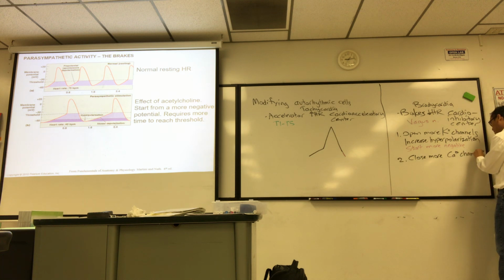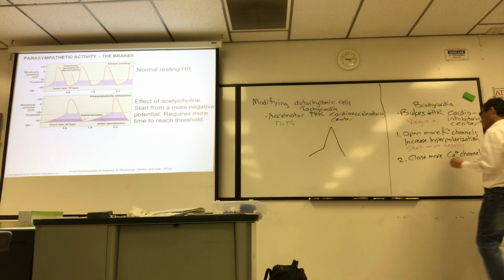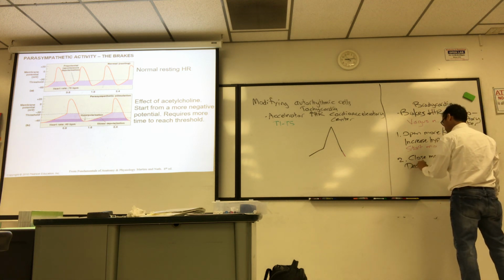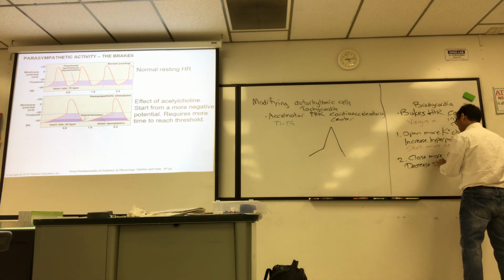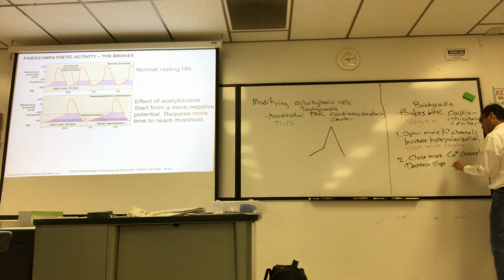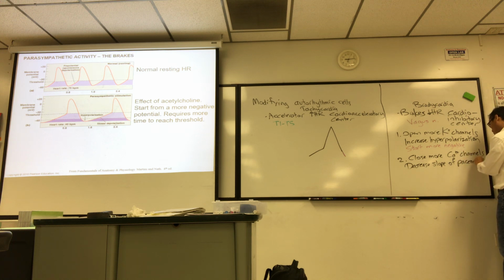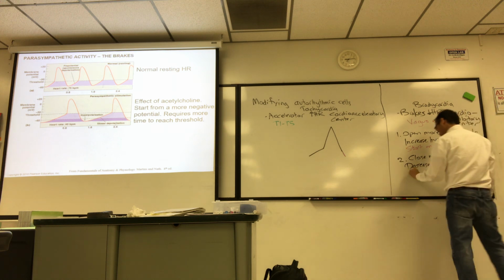Now, I know calcium channels carry the depolarization. I didn't teach them as affecting the pacemaker potential, but they do. When you close more of them, it takes longer to reach threshold. You decrease the slope, the steepness, of the pacemaker potential. So that's where I'm writing.